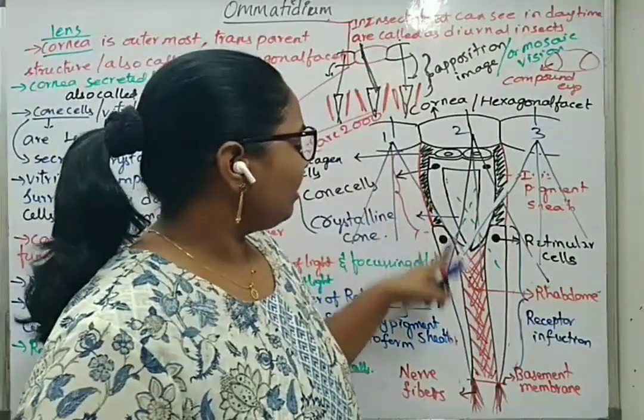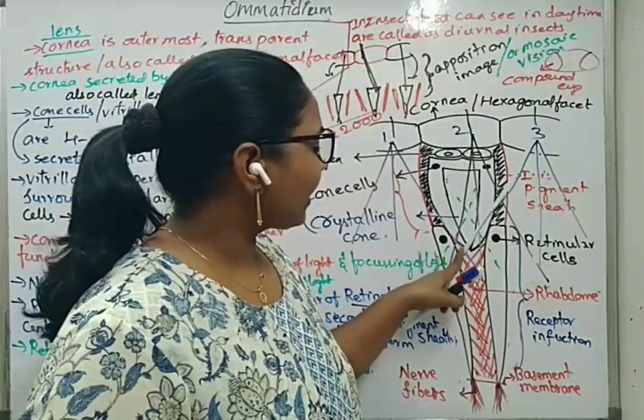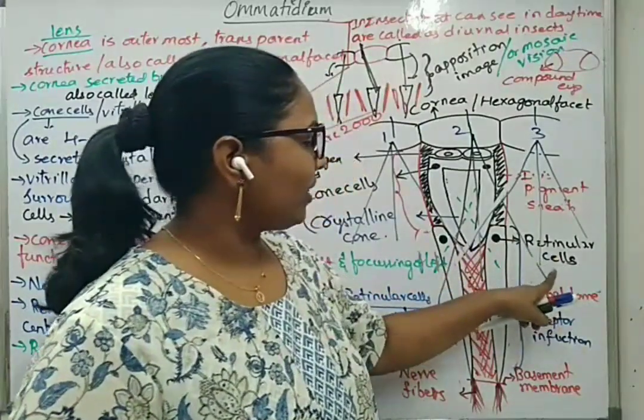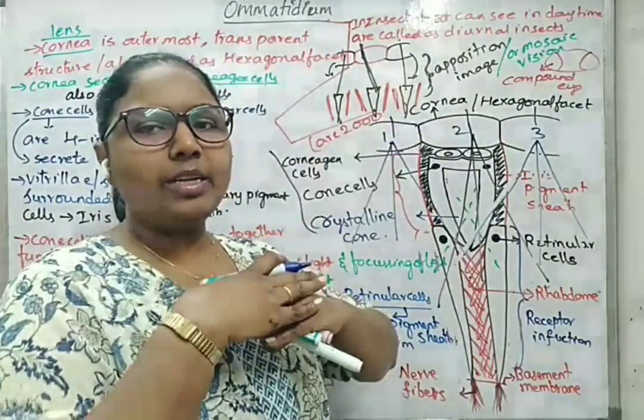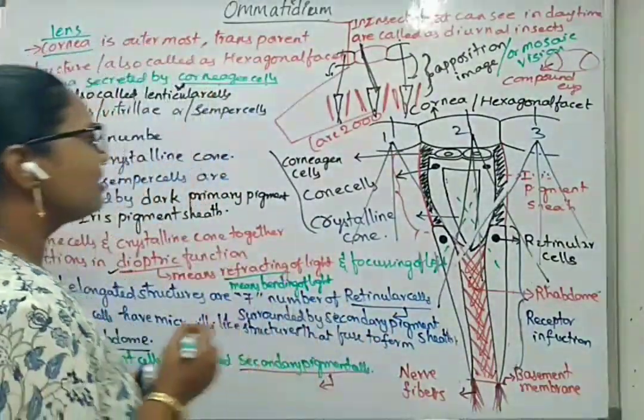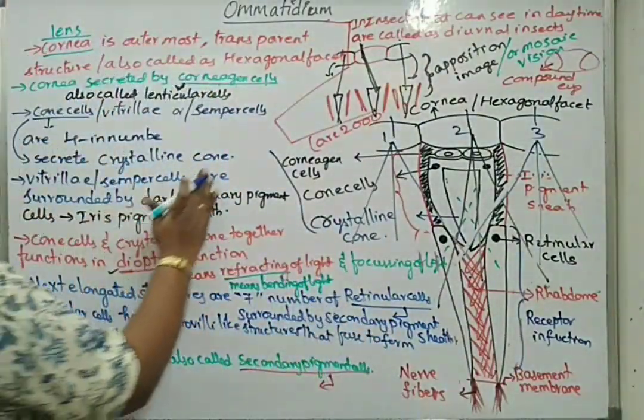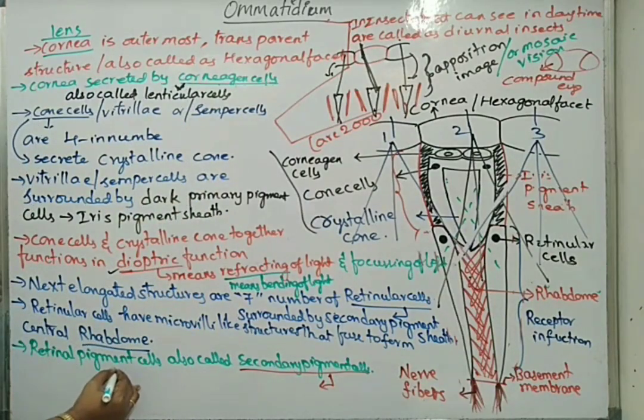When light gets refracted or bent towards the next subsequent ommatidium, the image will be overlapped on one another. Simply we can say, think that this is the cornea, light is being focused here. This is one ommatidium, second ommatidium, third ommatidium. Light is being focused like this.